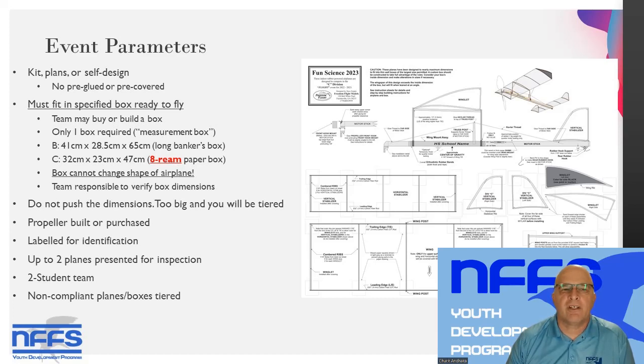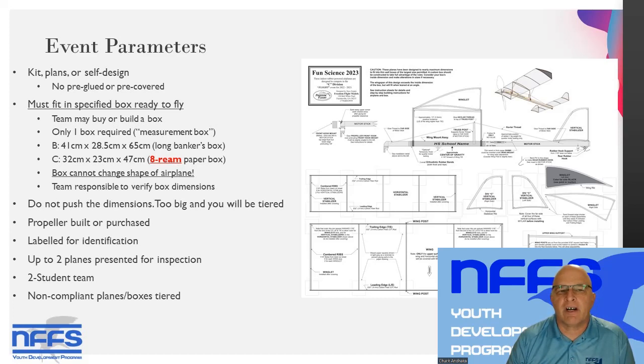In B division, it's 41 centimeters by 28.5 centimeters by 65 centimeters. This equates to a long banker's box, and this is a change from last year being about 2 centimeters longer and 2 centimeters wider than last year's box.